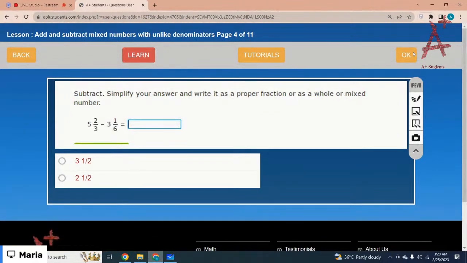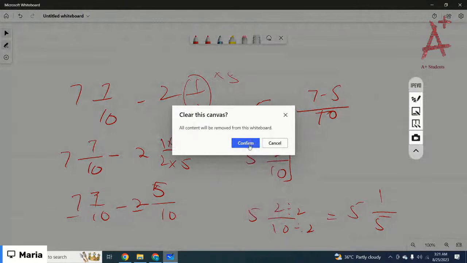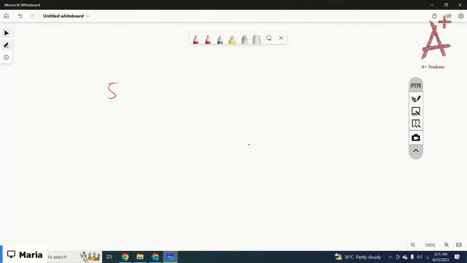The next one is subtract 5 whole 2 over 3 minus 3 whole 1 over 6.